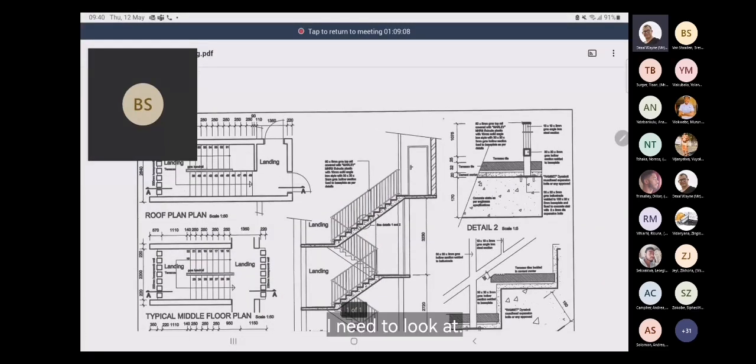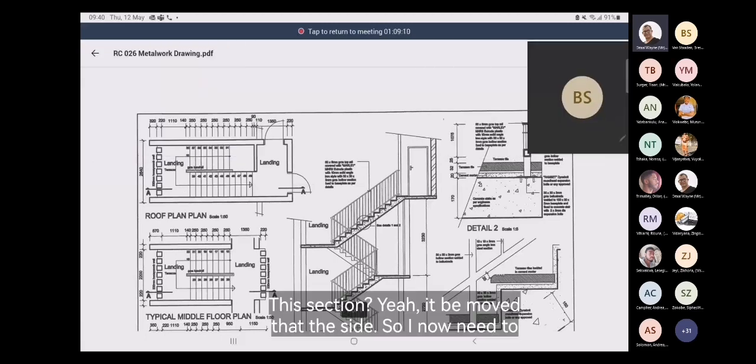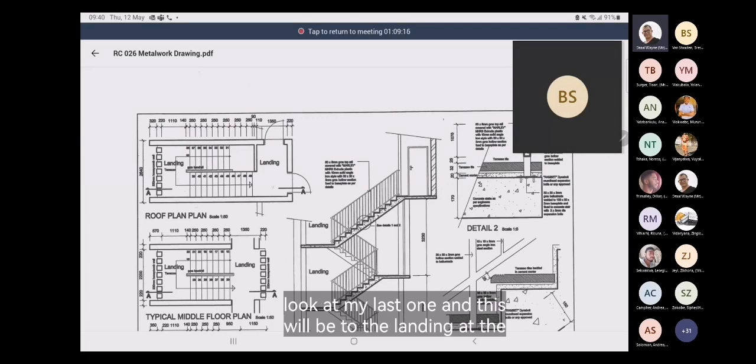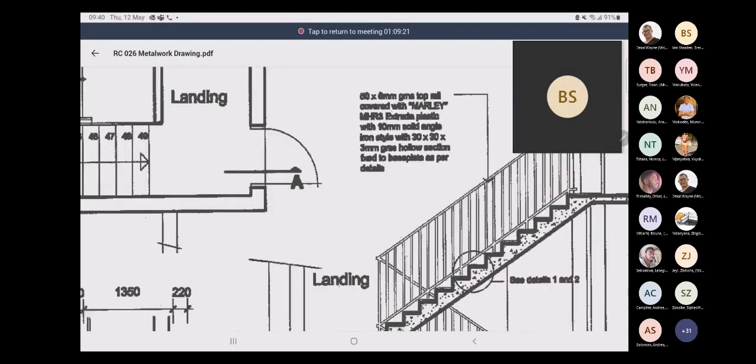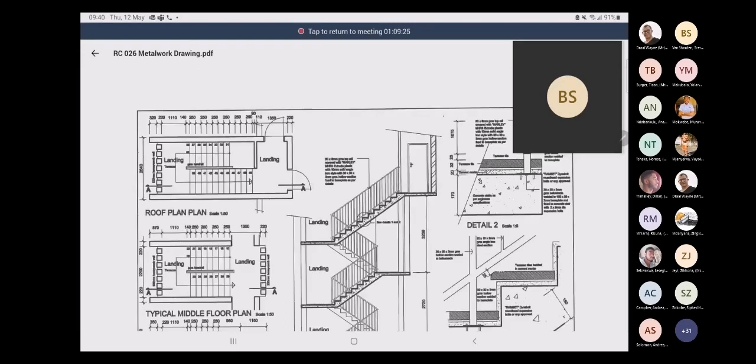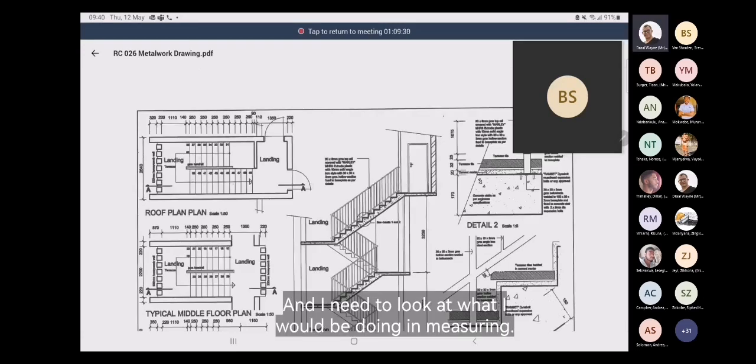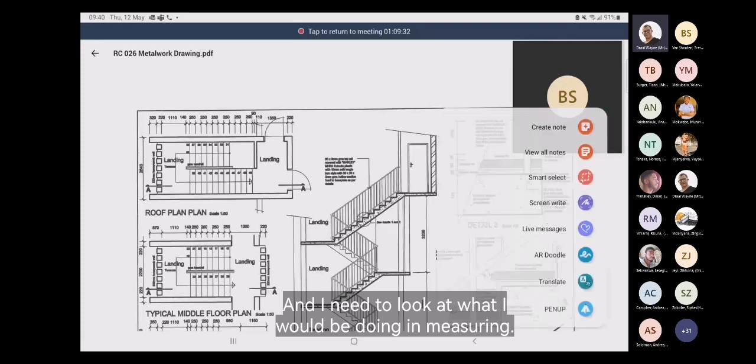And I need to look at this section here. Let me move that aside. So I now need to look at my last one, and this will be to the landing at the top, where I need to look at what I would be doing in measuring.